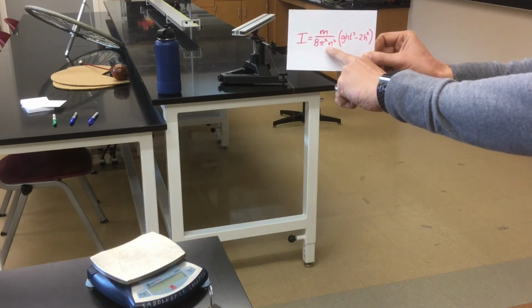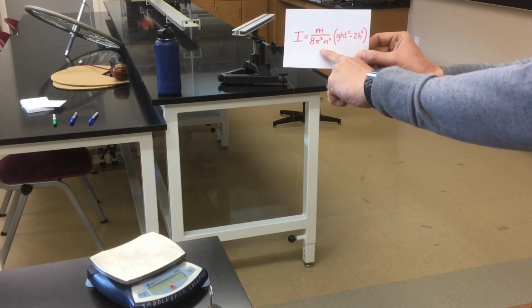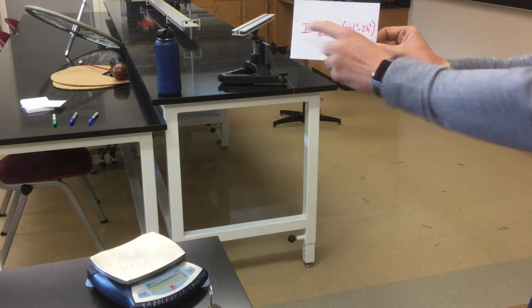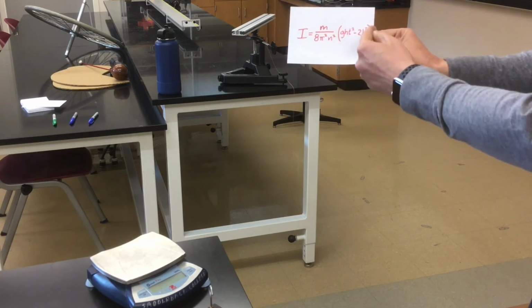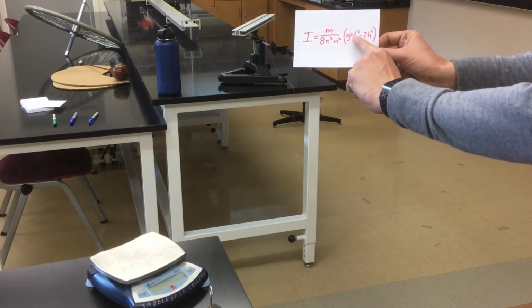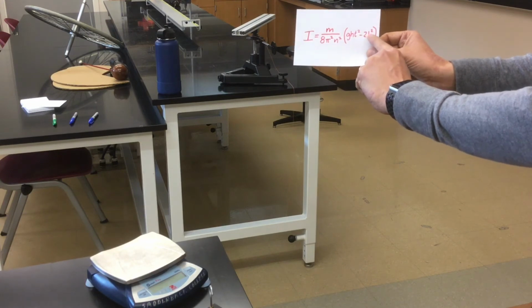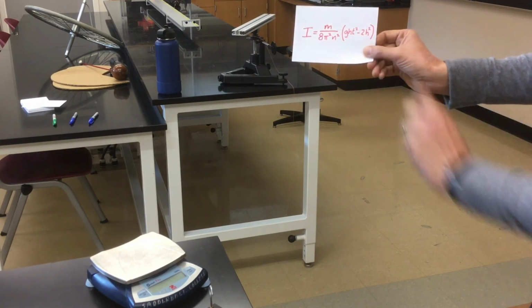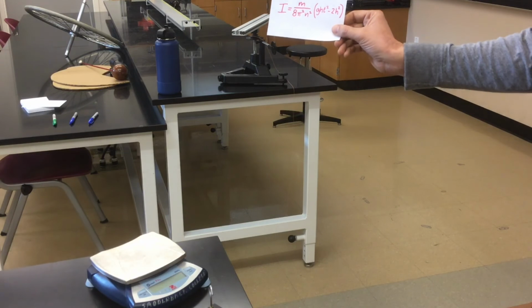Here n is the number of rotations, which I counted out as 10 rotations. And then that term multiplied by the quantity g h t squared minus 2 h squared. The h in this case is the 79.5 centimeters.